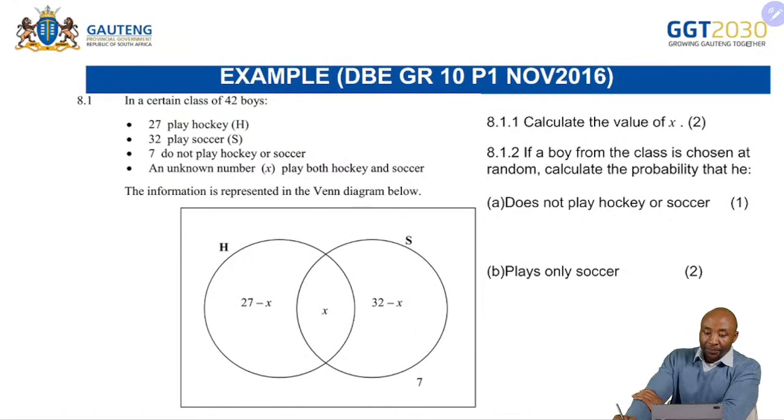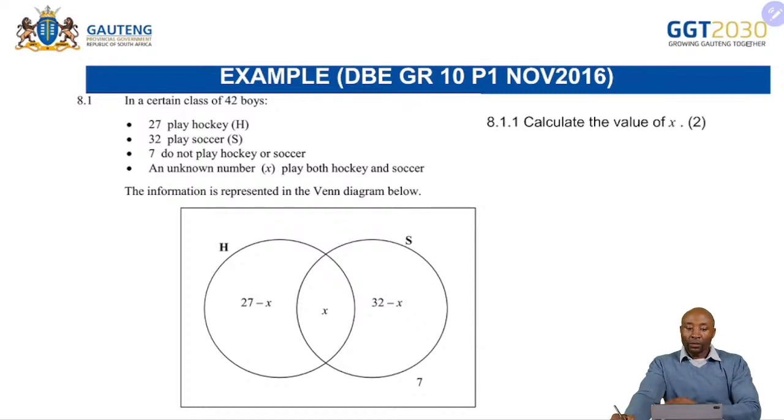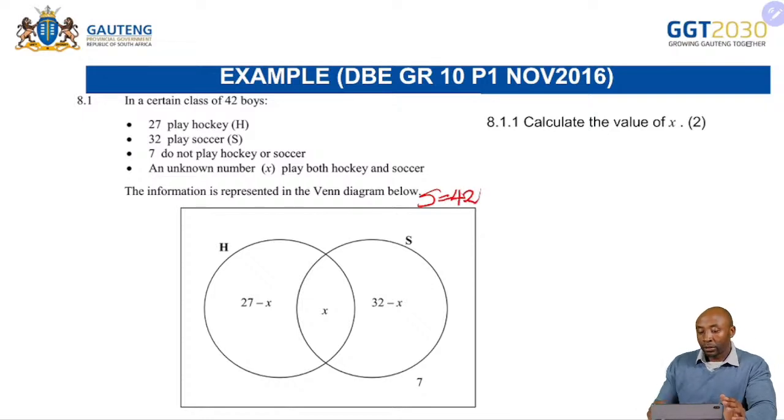Welcome back. I hope you have attempted the question. Now, we need to calculate the value of x. Remember, we can write our sample space is equal to 42. We write it on the top right corner, inside or outside, it's fine.